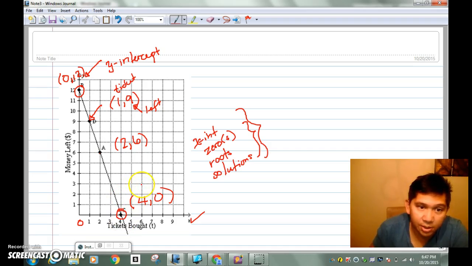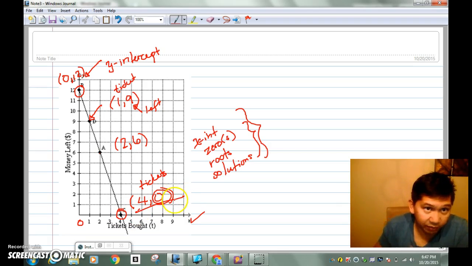We bought 4 tickets. How much money do we have left? We have 0 money left. That's what the x-intercept means. That means that after buying 4 tickets, I have no more money left, or $0 left in my wallet. That's interpreting graphs based on your x and y intercept.